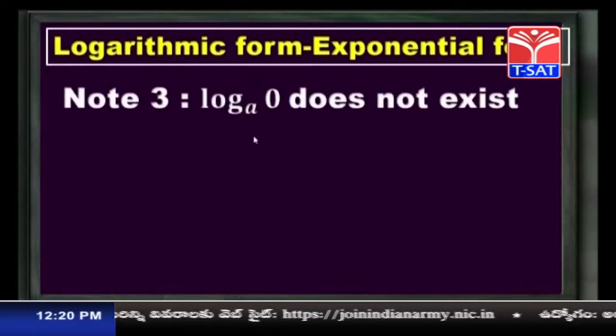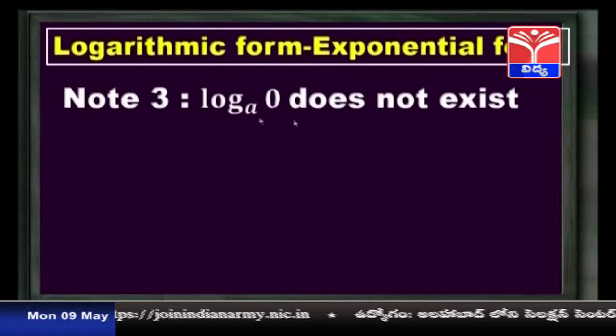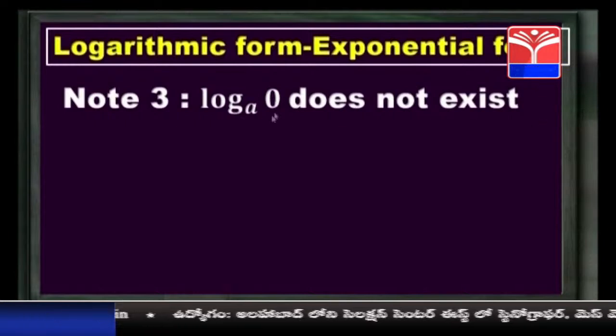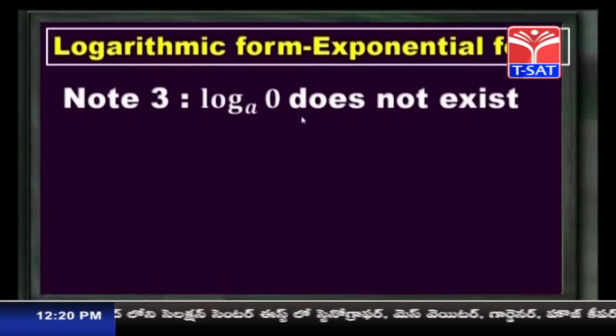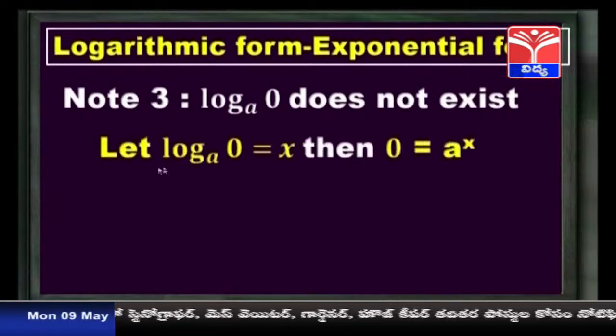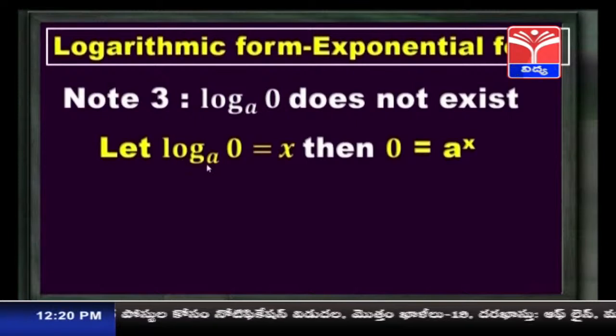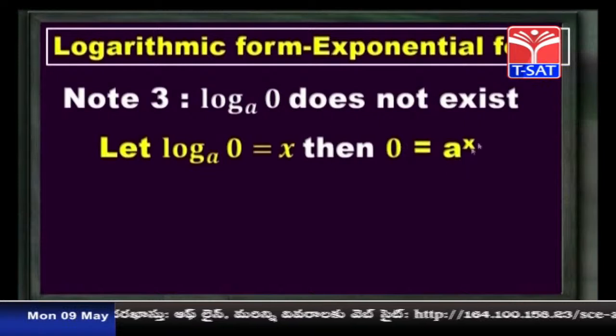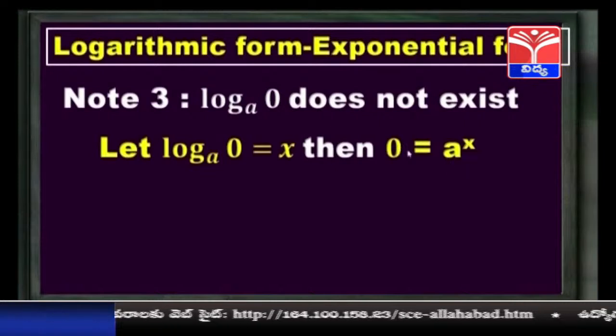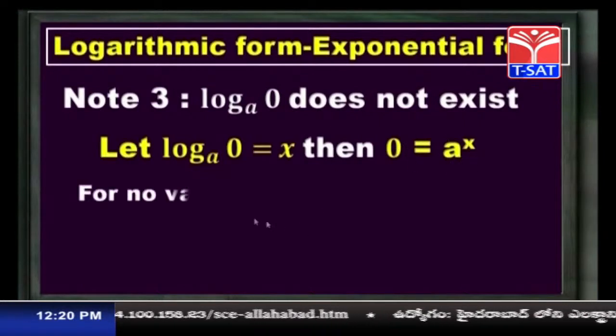Now note 3, log 0 to the base a does not exist. So whatever the base is, log 0 does not exist. Why does it not exist? Log 0 to the base a is equal to x, if we suppose 0 is equal to a power x. So a power x is equal to 0. Is it possible? Let us see.